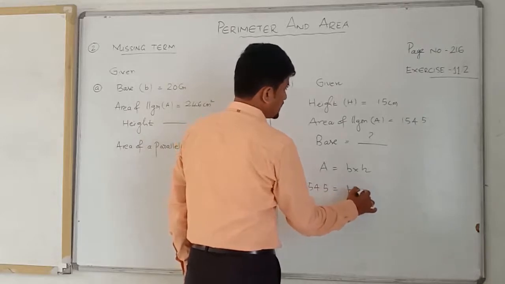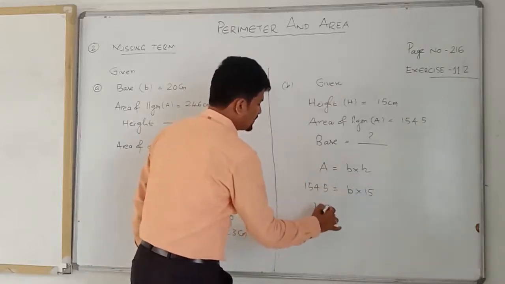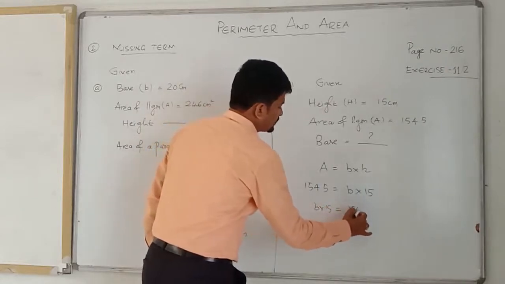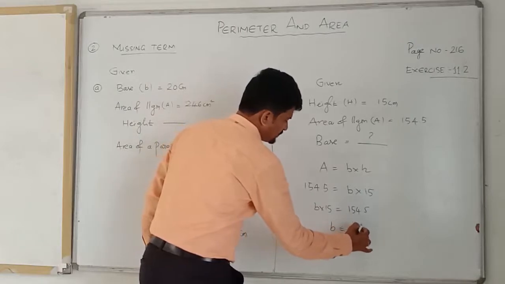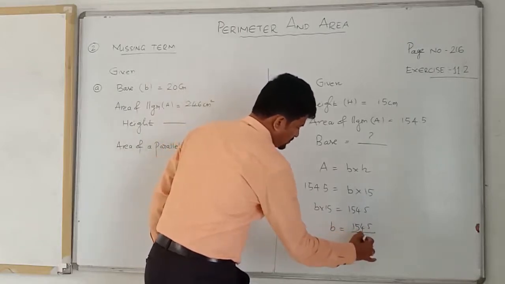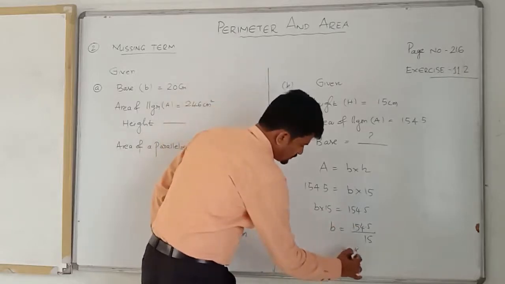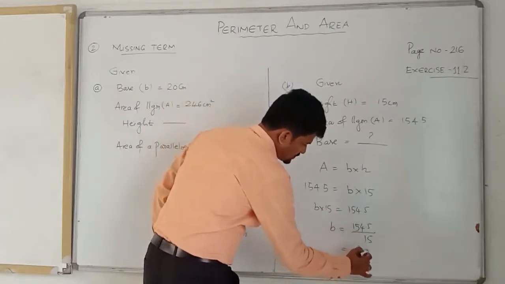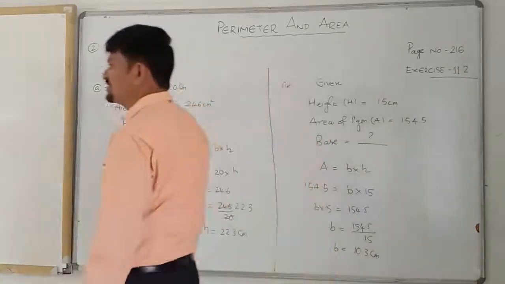Height is 15. That implies base into 15 is equal to 154.5. Then the base is equal to 154.5 by 15. That implies 15 tens are 150. Therefore, base is equal to 10.3 centimeters.